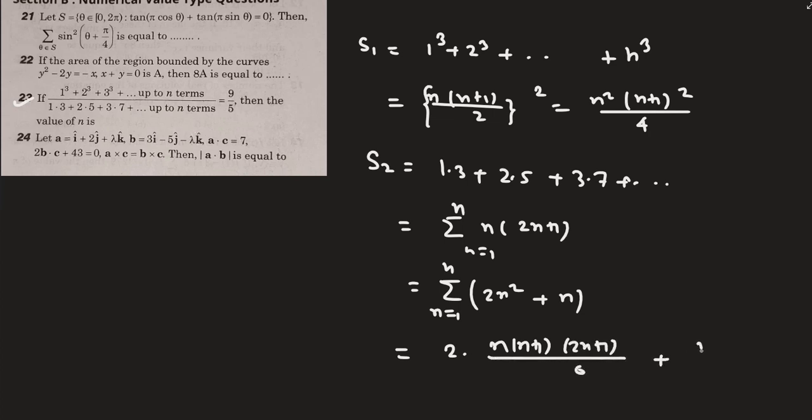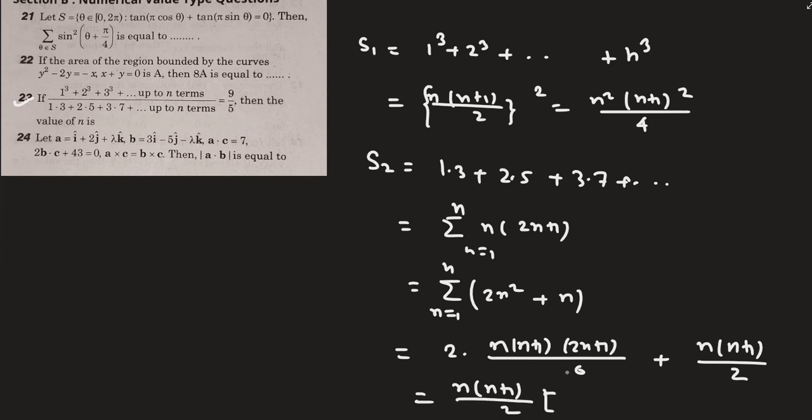Second is the denominator series, 1 into 3, 2 into 5, 3 into 7, in this way up to n terms. So this we can write as n into 2n plus 1, with n from 1 to n, so sum of 2n square plus n. Now take the summation, so it will be n into n plus 1, 2n plus 1, then whole divided by 6. Here we have n into n plus 1 by 2 taken common.